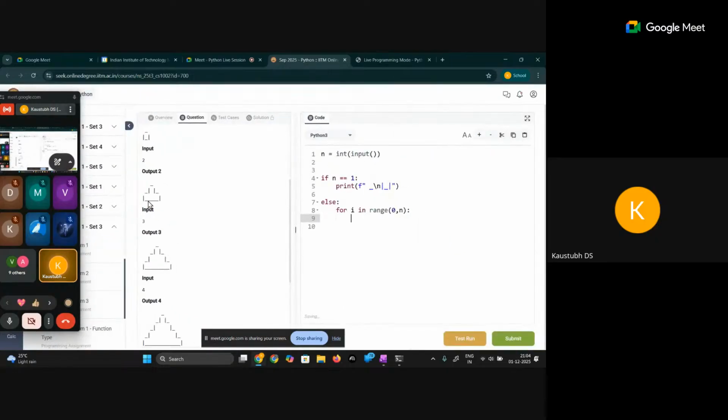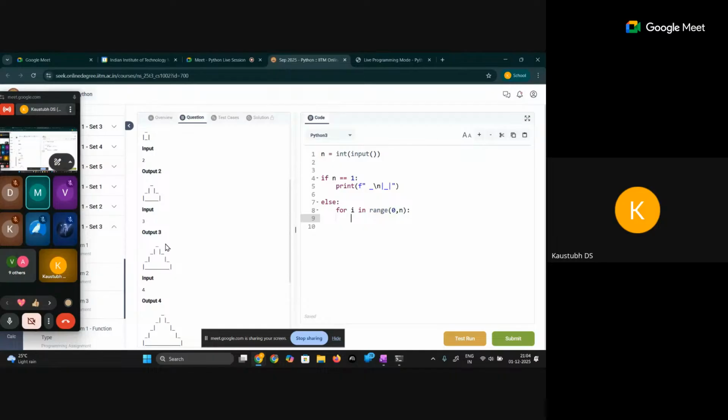Let's make cases. If i is 0, then what line are we printing for any pyramid? Let's say n is 3. If i is 0, then we would simply be printing an underscore with initial spaces.